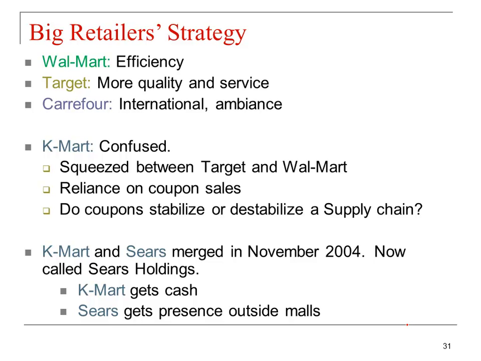That's why it's important to have a good strategy and also a good supply chain. Kmart and Sears merged in 2004. At that point, Kmart was able to get money to stabilize their business, and Sears gained a presence outside the malls.